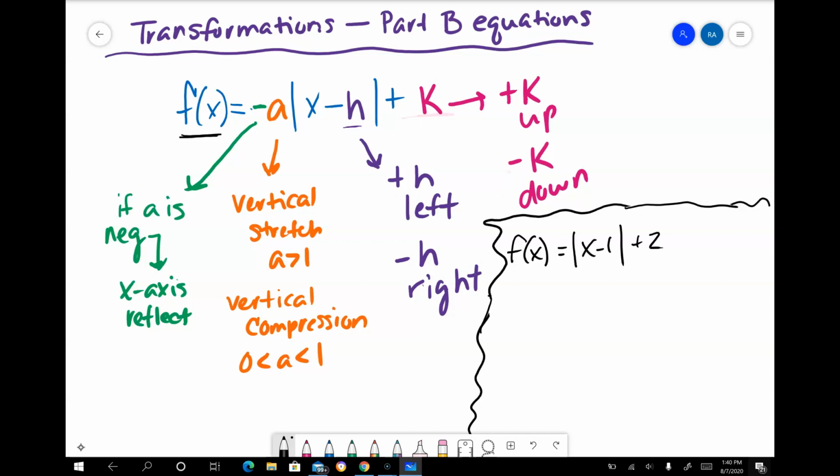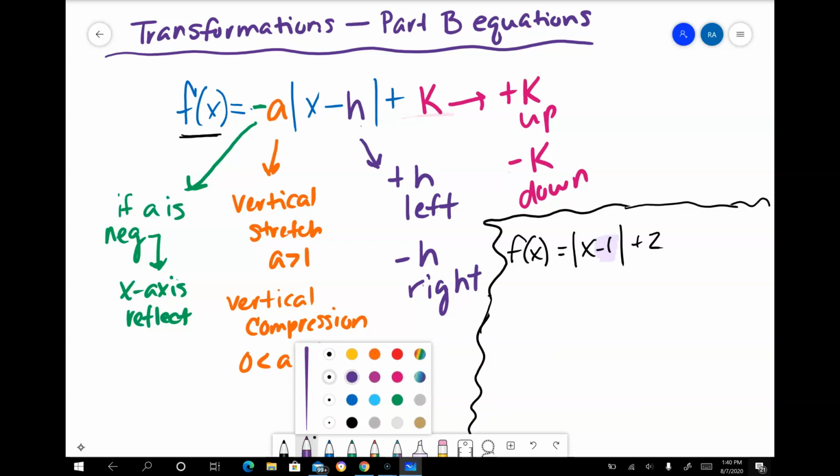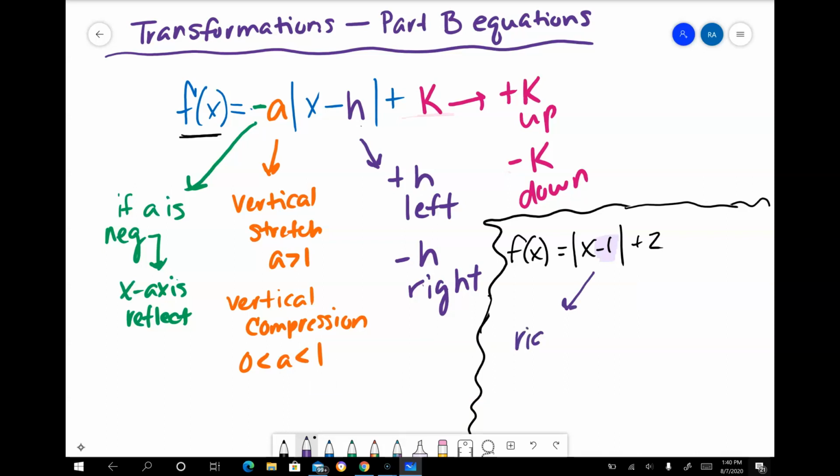Then I keep going. There's no negative, there's no a, so let's go to the h. I do have an h here. This h is a negative 1. Well, a negative h means I went to the right. So this is saying the graph went to the right 1 unit.